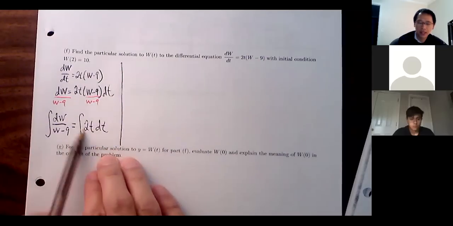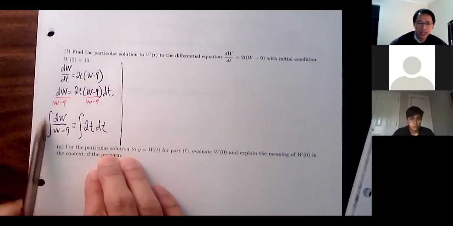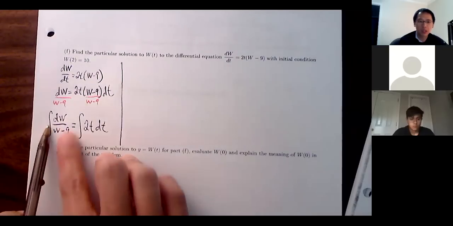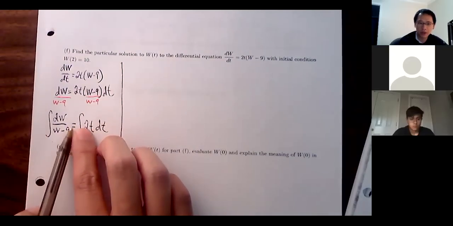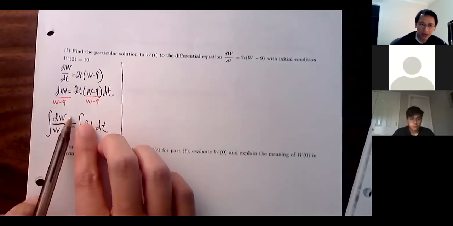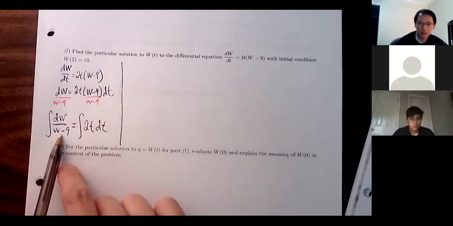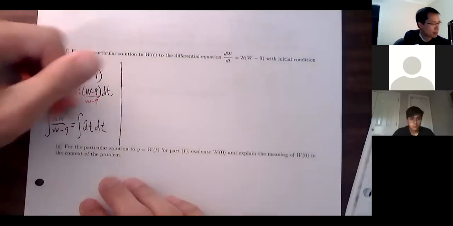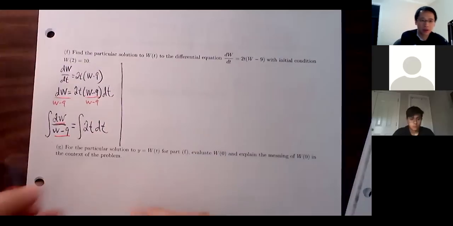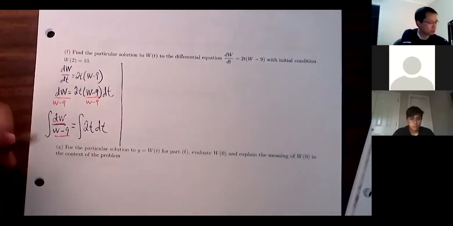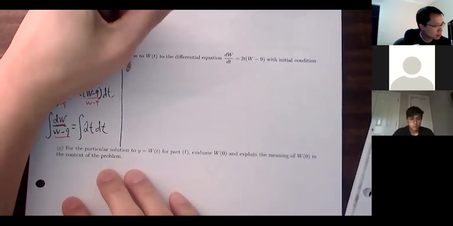So now we got to decide, what's the appropriate antiderivative rule that we can use for both sides? This side's pretty straightforward, that's just power rule. This side, if it was w minus 9 raised to another power, like -2 or 3 or 1/2, then we'd bring it up. But either way, we got to go through u substitution, right? So let's get those in terms of u. We'll let our u value be w minus 9.